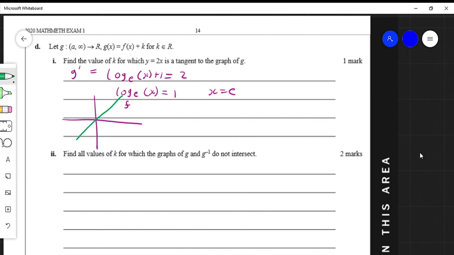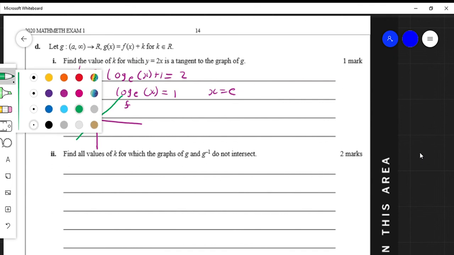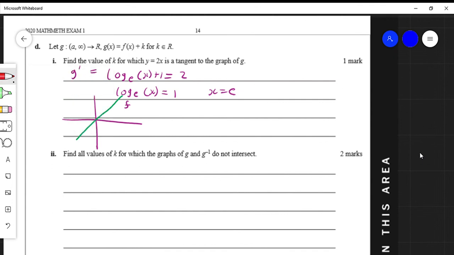Okay, so at x equals e, we know that y equals 2x is a tangent. Oh, sorry, the gradient is 2, is what I meant to say. So we get this one.